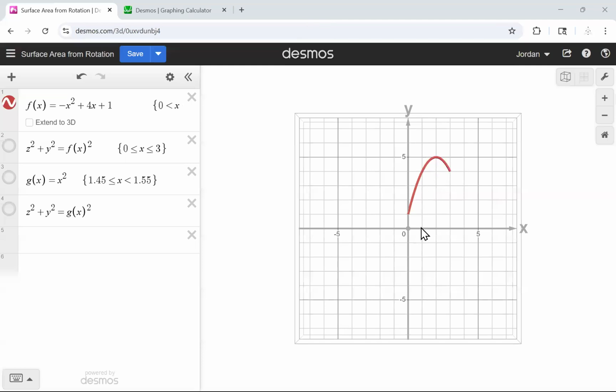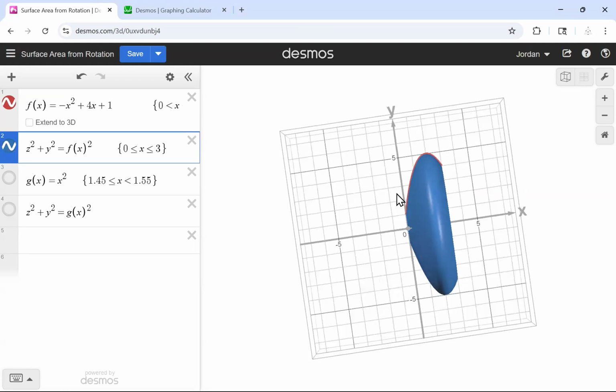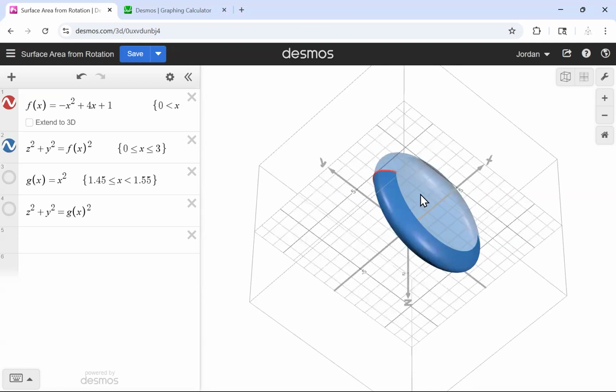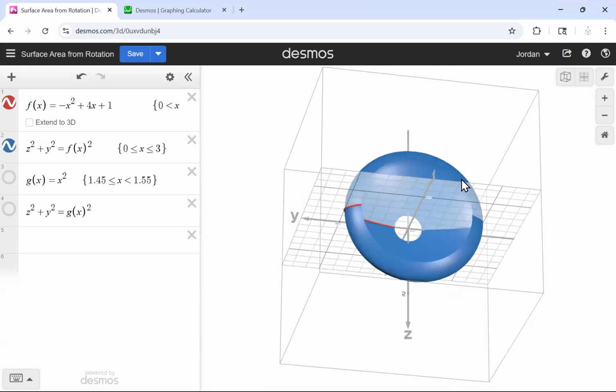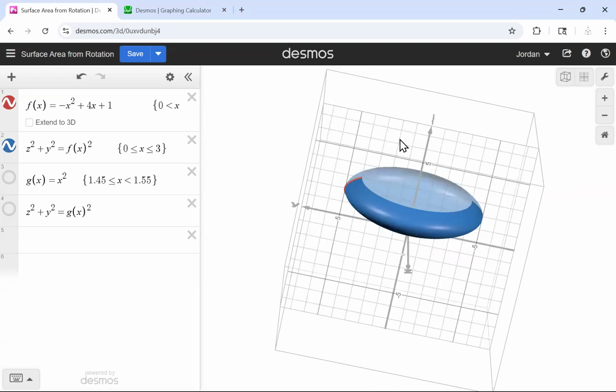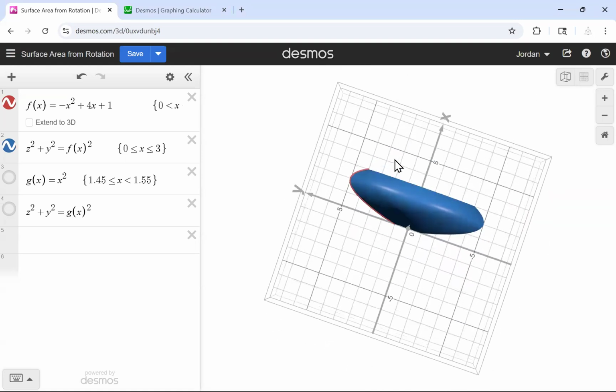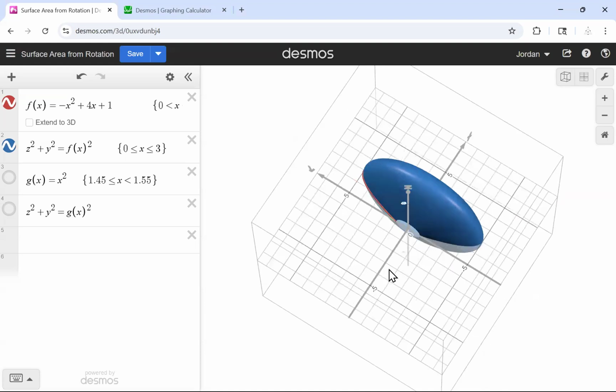By the way, the object that we're creating in 3 dimensions is this curve rotated around the x-axis. If we do that, we get this kind of, I don't know, piece of pottery almost. It looks like a bowl-shaped thing with a hole at the bottom.